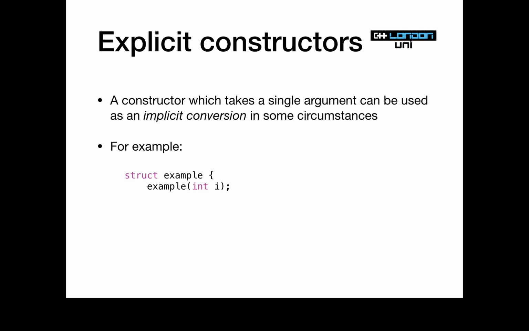Here we've got a struct Example, and I've given a constructor which takes an int. And now I've got a free function which takes a const reference to an Example. So in order to call this function, we have to pass it an instance of an Example.